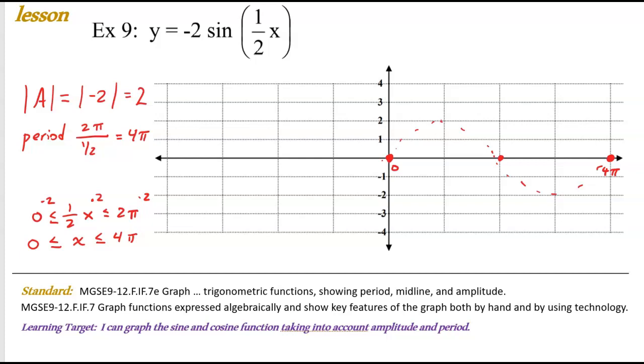So because of the negative, I'm going to go down, up, up, down. Okay? So 4 pi means this is 2 pi, means this is 3 pi, means this is pi. And we've already got our label of 2. We've already got our label of -2.